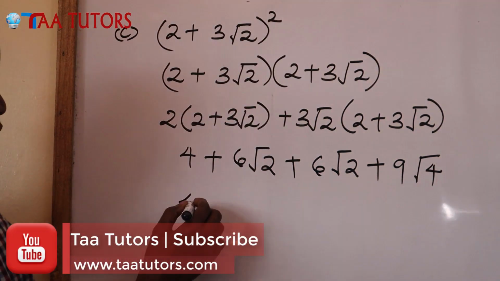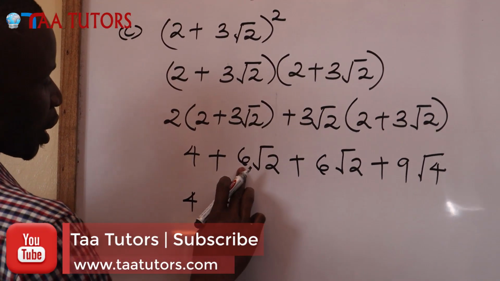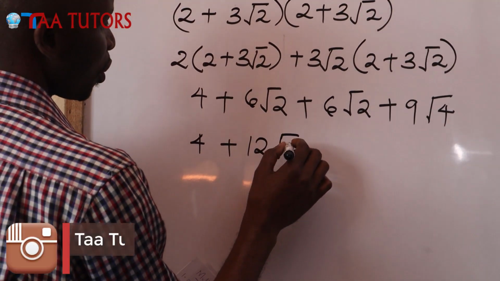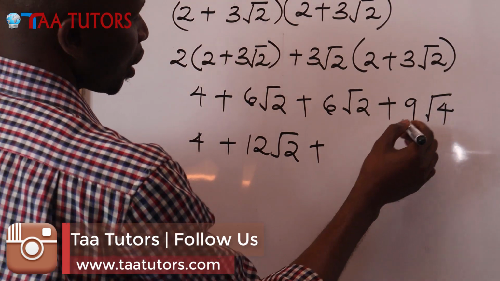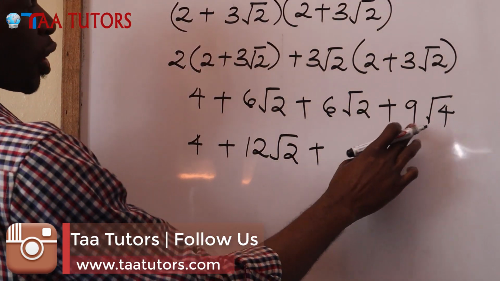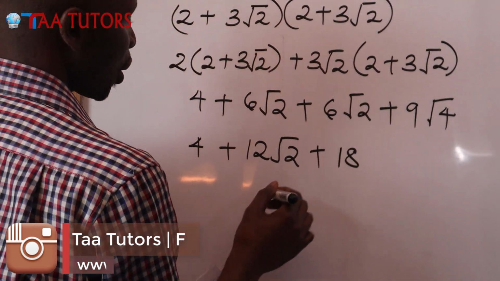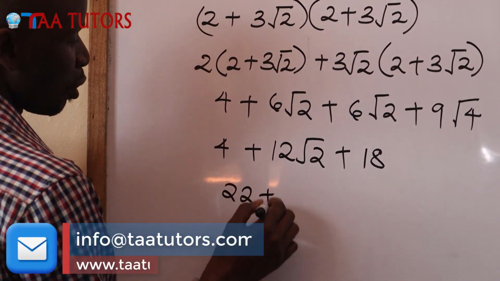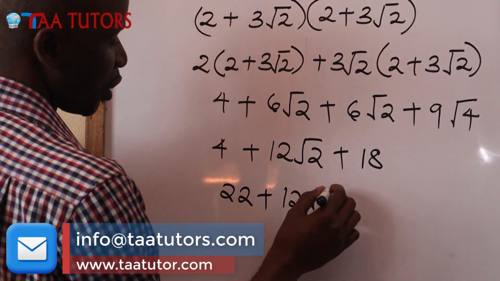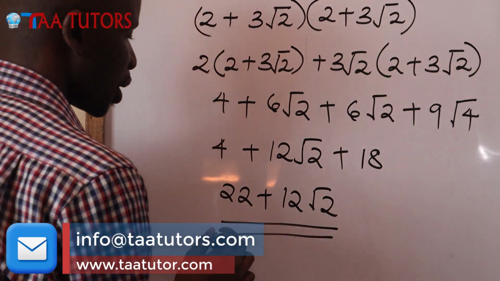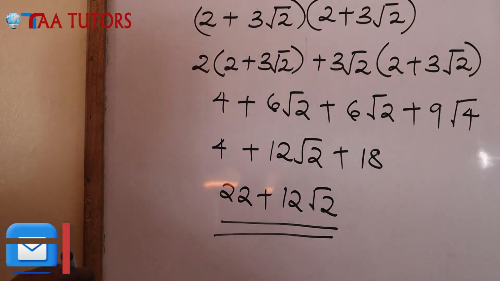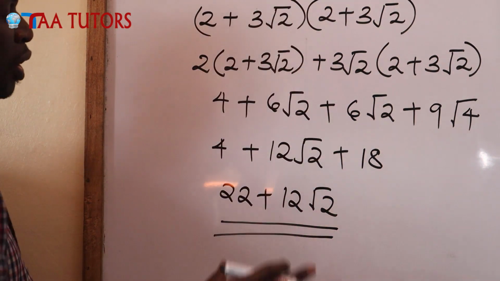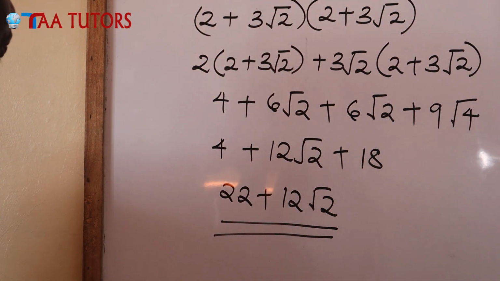So this will be 4 plus 6 surd 2 plus 6 surd 2 is 12 surd 2 plus 9 surd 4, which is 2. So 2 times 9 is 18. So if you have 18 plus 4, we'll get 22 plus 12 surd 2. This is going to be our 2 plus 3 surd 2 squared in its simplest form.